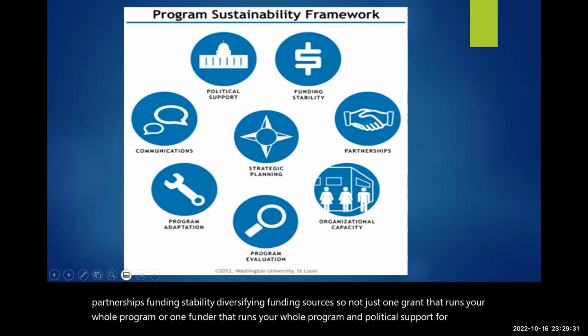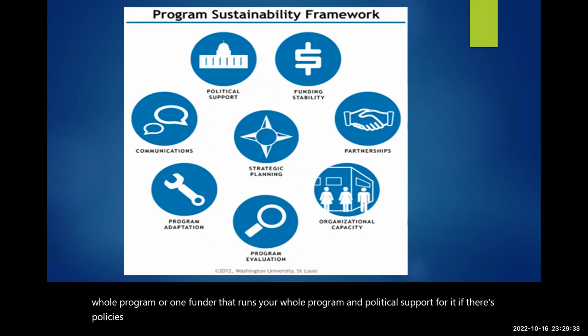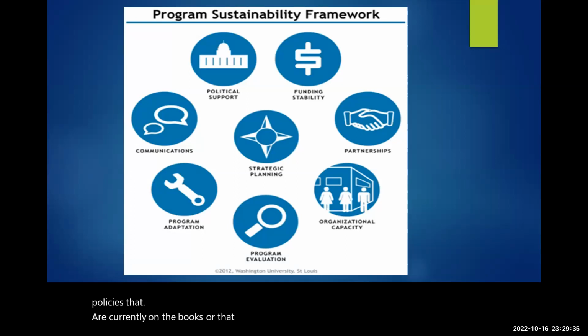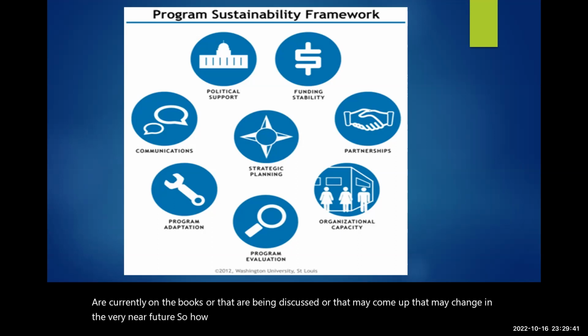If there's policies that are currently on the books or being discussed or that may change in the very near future, how are you going to sustain your program if that funding changes?